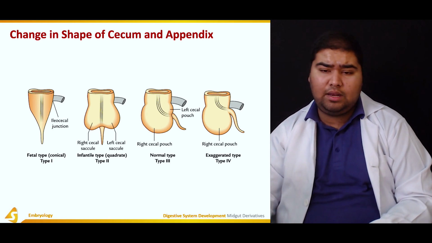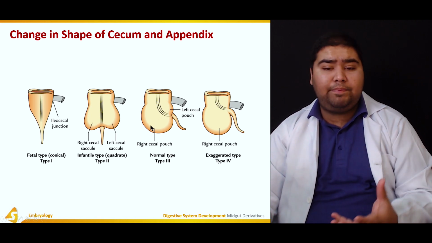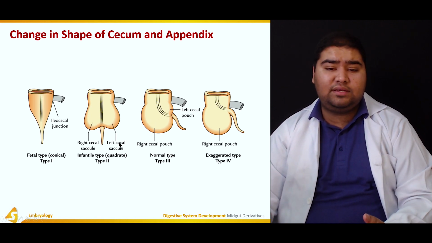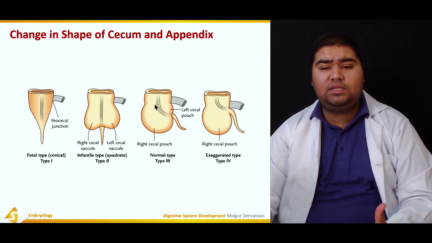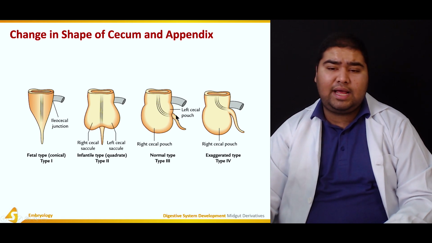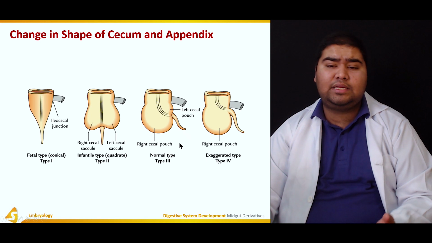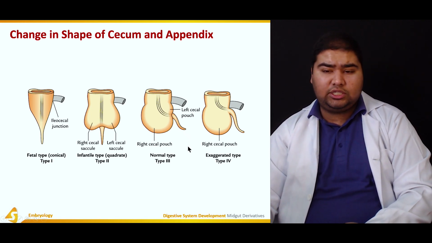Due to rapid proliferation of the right cecal saccule and the formation of a large cecal pouch, the tinea coli have converged to the left side, as a result of which the appendix is present to the left side near the ileocecal junction.